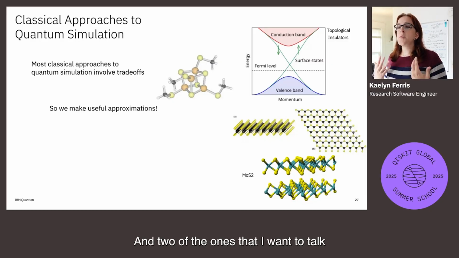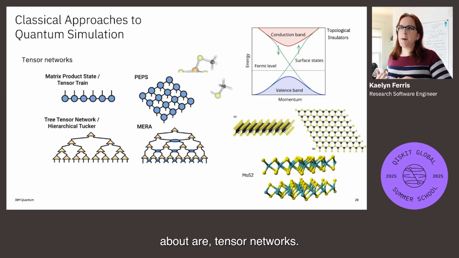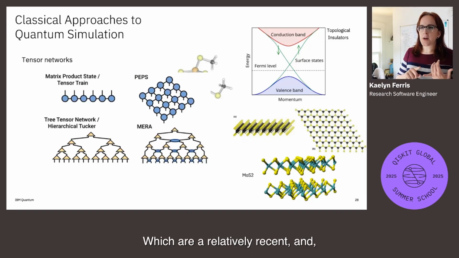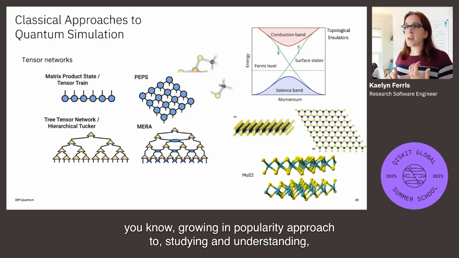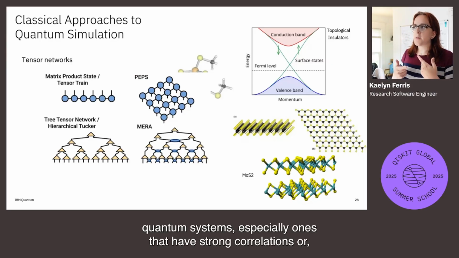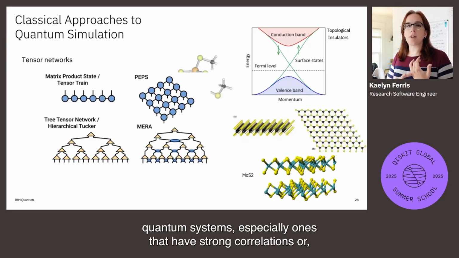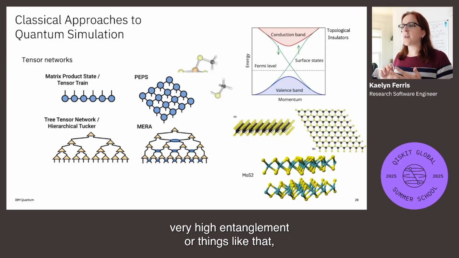Two of the ones that I want to talk about are tensor networks, which are a relatively recent and growing in popularity approach to studying and understanding quantum systems, especially ones that have strong correlations or very high entanglement.